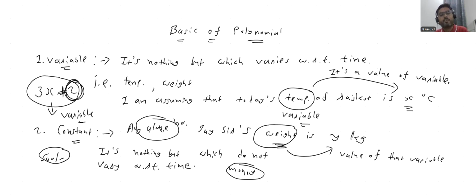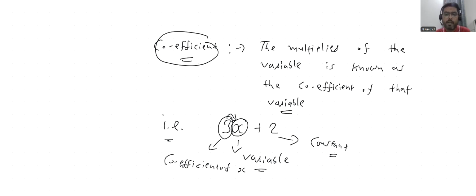And the third one is the coefficient: the multiplier of the variable is known as the coefficient of that variable. In the expression 3x plus 2, identify variable, constant, coefficient. It means that x is a variable, plus 2 is a constant, and 3 is the coefficient of x.